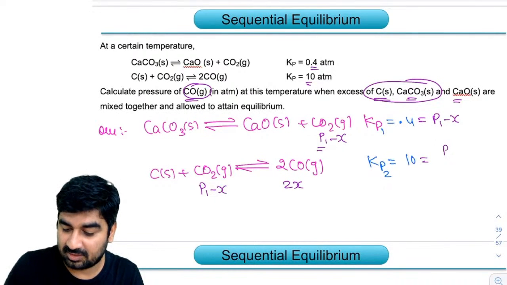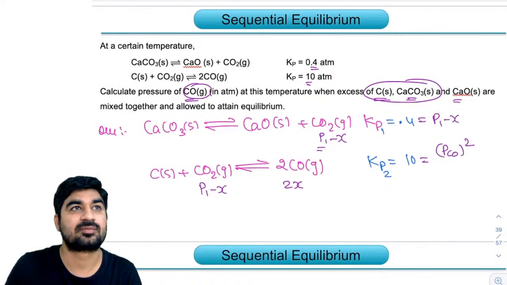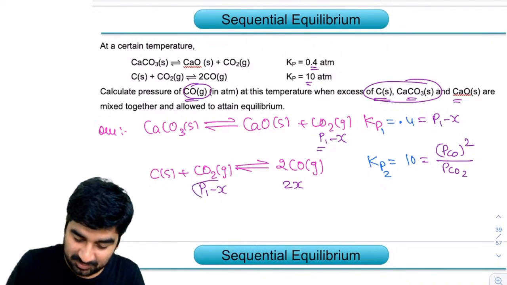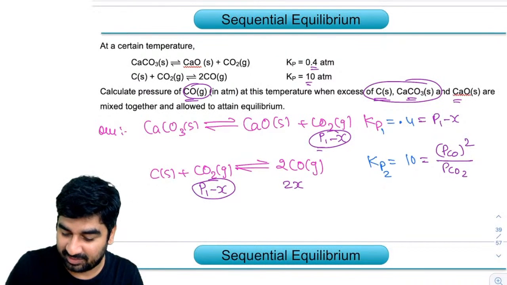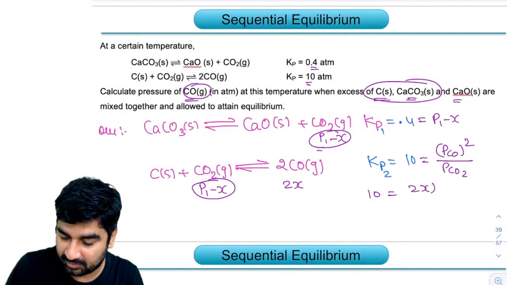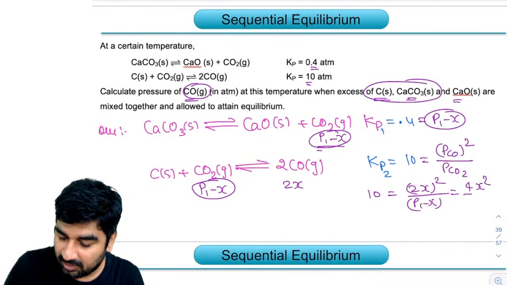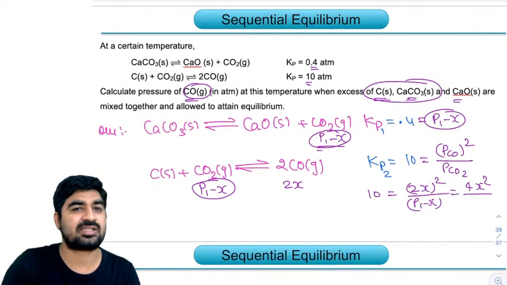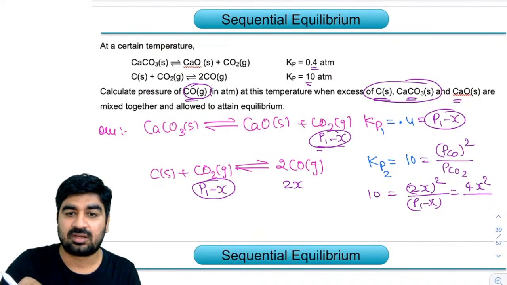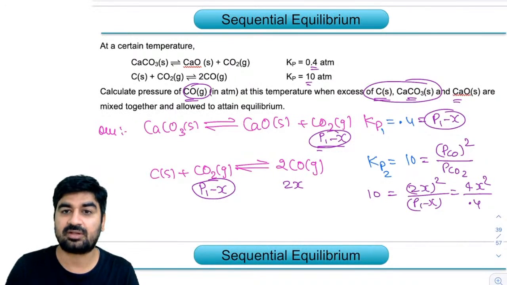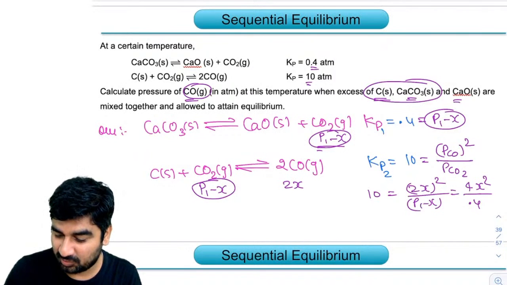So it would be partial pressure of CO square divided by partial pressure of CO2. So if it is P1 minus x, so again I will write here 10 is equal to 2x square over P1 minus x. And from here I can directly put P1 minus x, and it would be 4x square and it would be 0.4 here. Right?